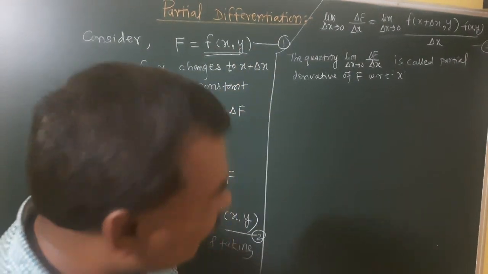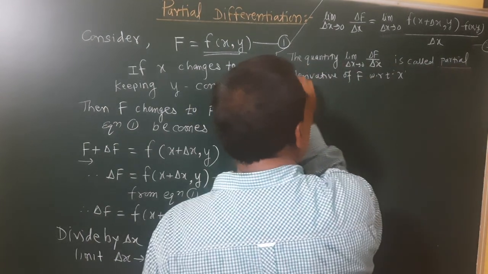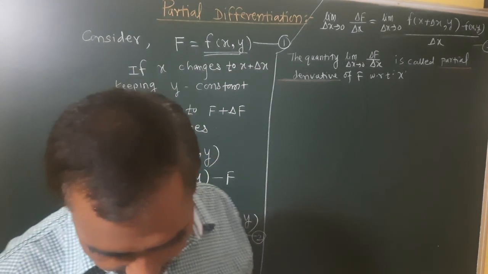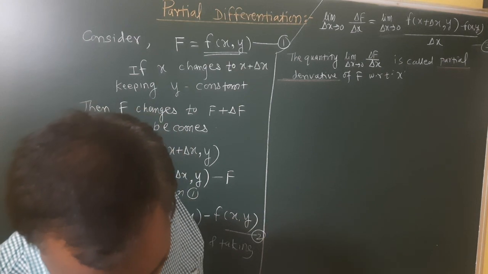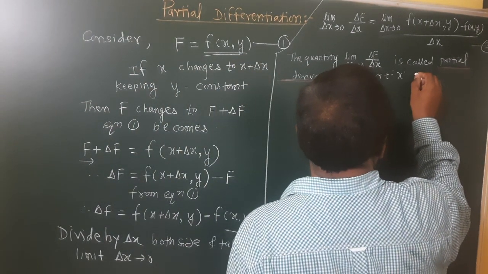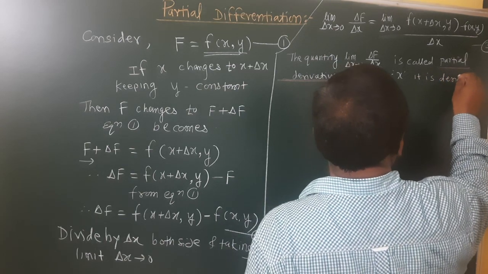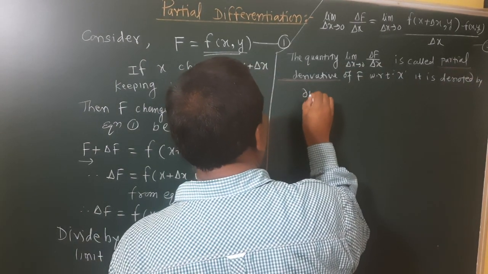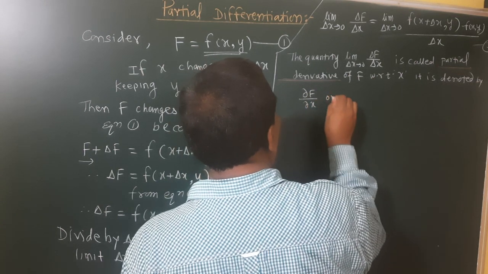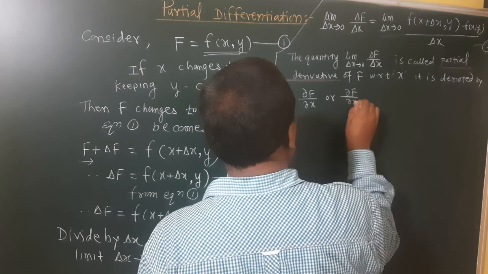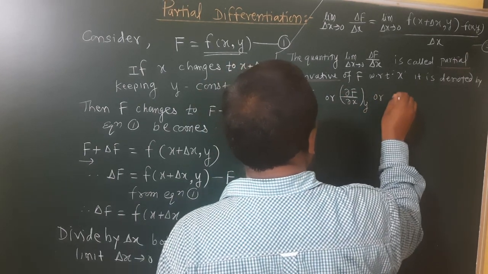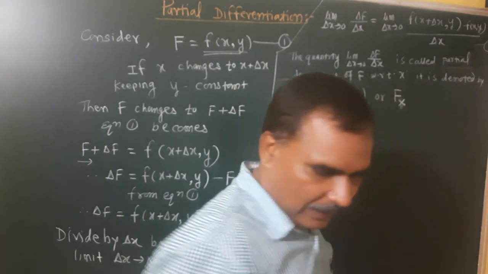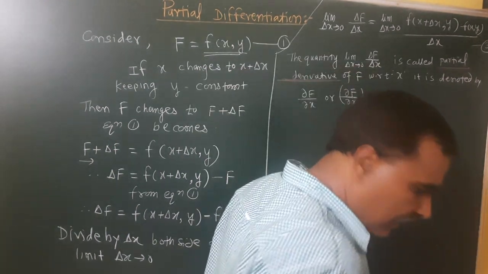This is called the partial derivative. It is denoted by dou f upon dou x, keeping y constant, or it is called f of x, that is fx. Simply we write this with the symbol fx.